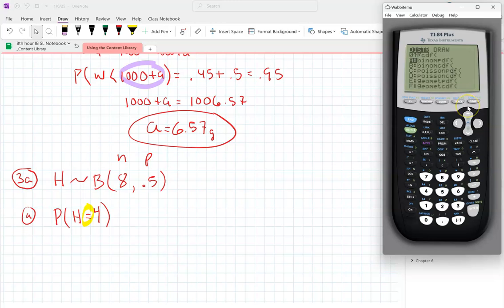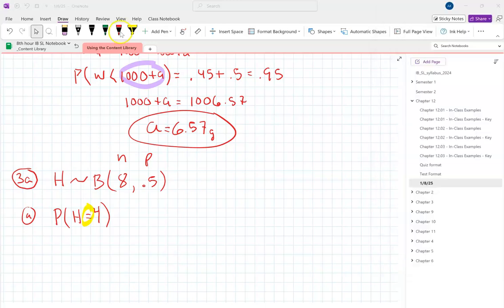I know to use the PDF because it's an equals sign. I'll pick that. The number of trials is 8. The probability of success is 0.5. And the number of heads is 4. So I get 0.273.